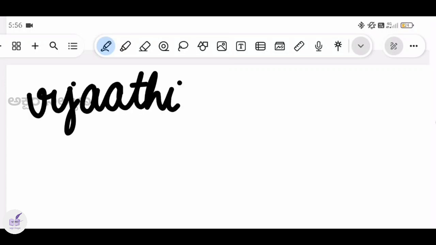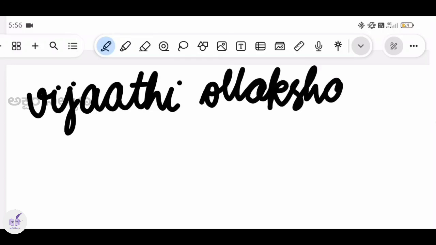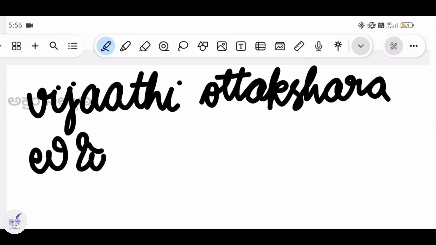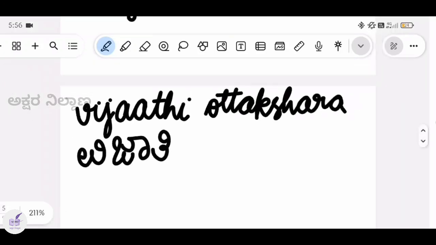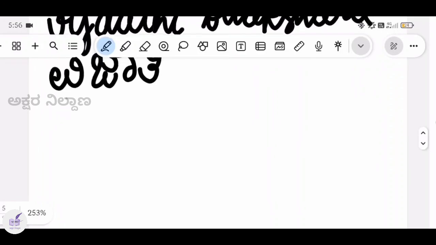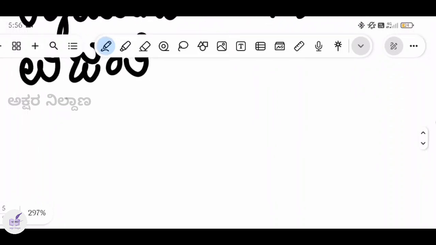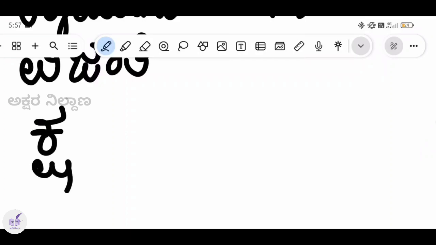Vijati Vattakshara. Vijati Vattakshara means if a consonant is having different consonant as Vattu. This is a consonant. If it is having different Vattu, then it is called as Vijati Vattakshara. Okay.